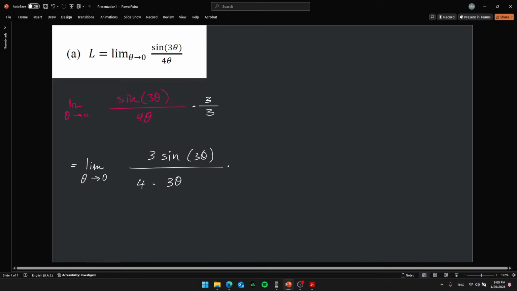Okay? Now you can split the fractions to make it easier for you. So I can say 3 over 4 times sine 3 theta over 3 theta. Now you can distribute the limits.